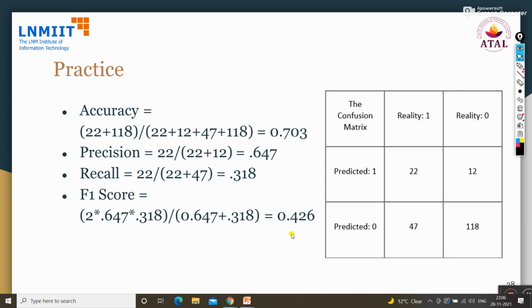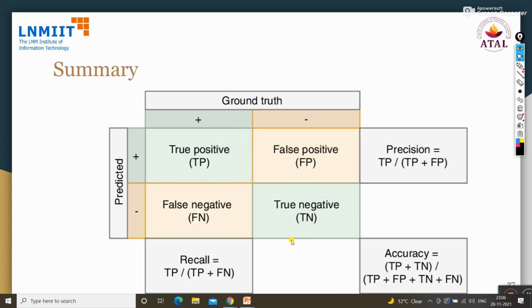So they are going to impact the overall system, and they will give the cumulative value of that model.